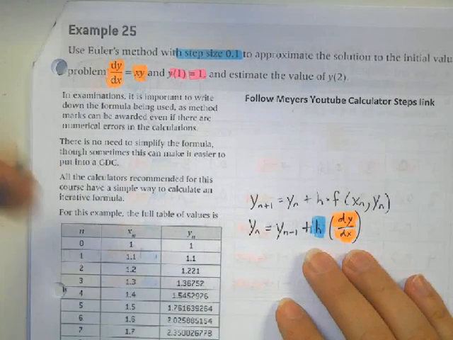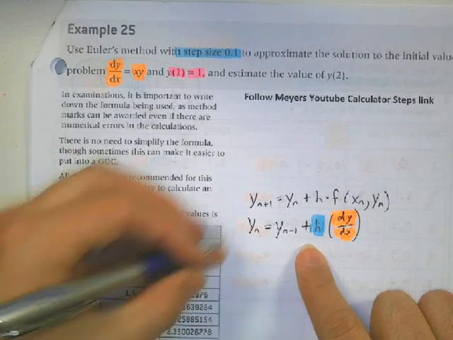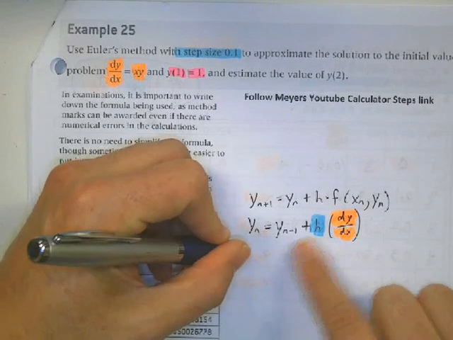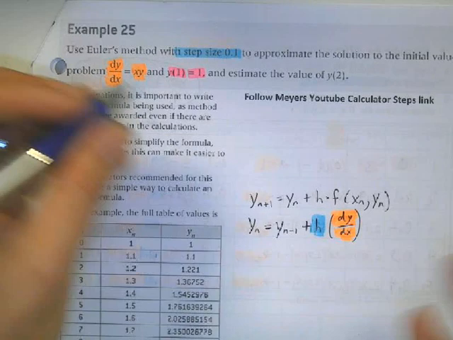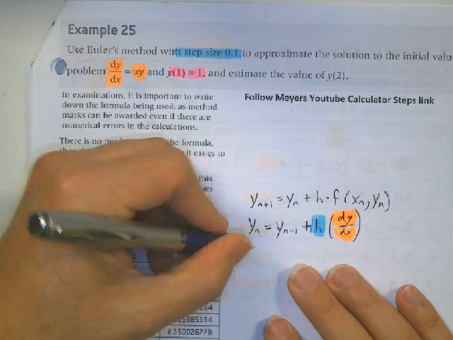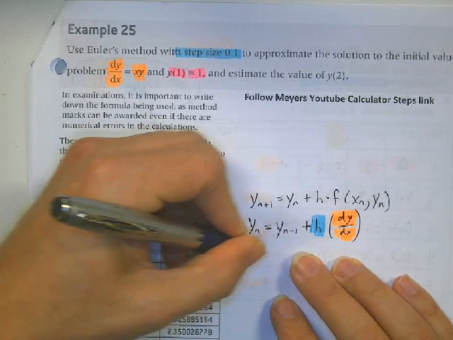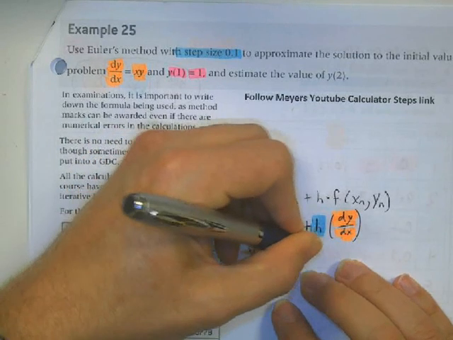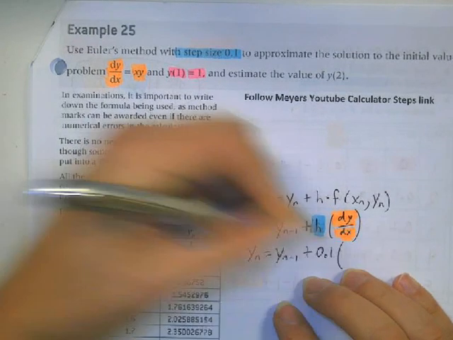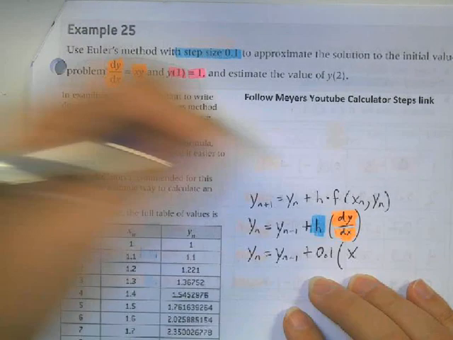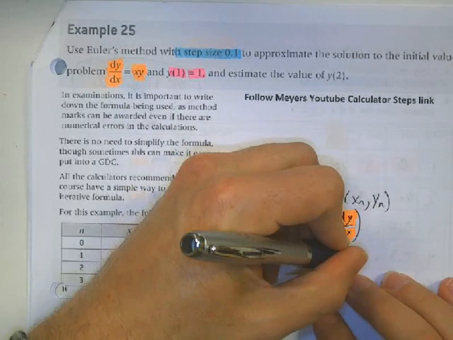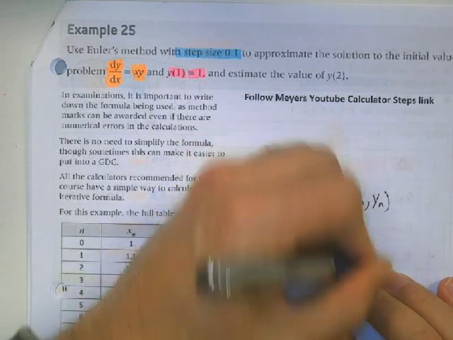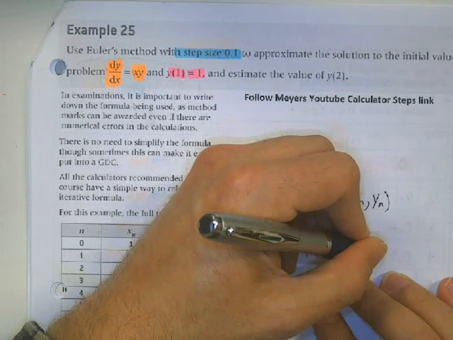So before I convert it to v's and u's, I'm going to write this as y sub n equals y sub n minus 1 plus 0.1 times x sub n minus 1 times y sub n minus 1.